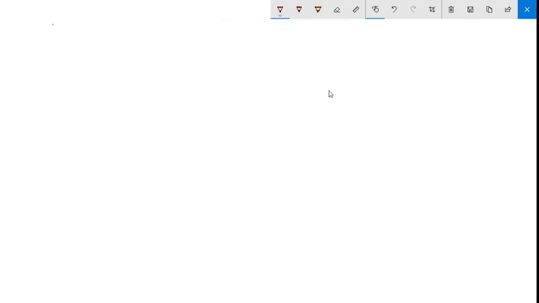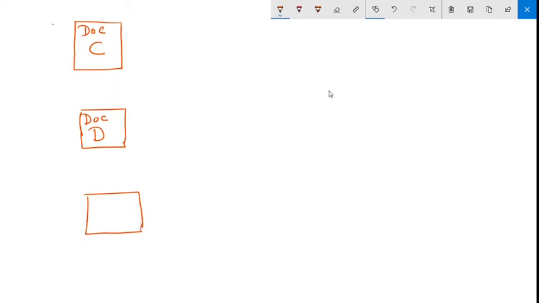Let's say this is document C. This is document D. Document E. Document A. So document A is cited, and here it is document B, cited.